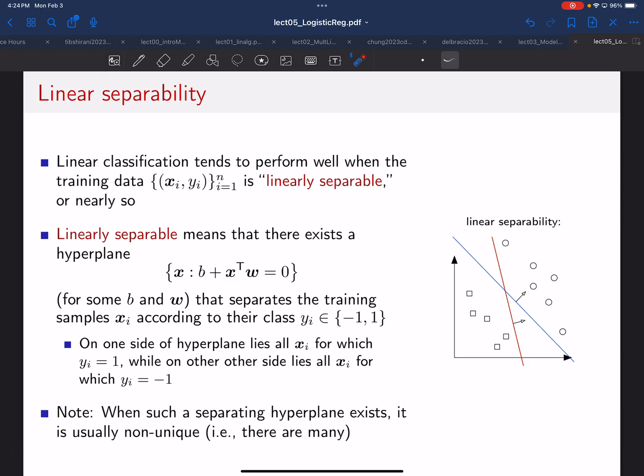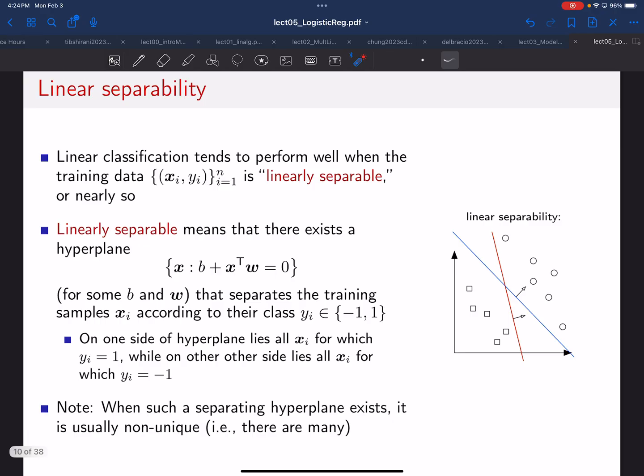So one thing that can happen that we very much like is when the training data is perfectly separated by some sort of linear boundary. Here, the squares might be samples with y is 1, and maybe the circles are samples with y is minus 1.